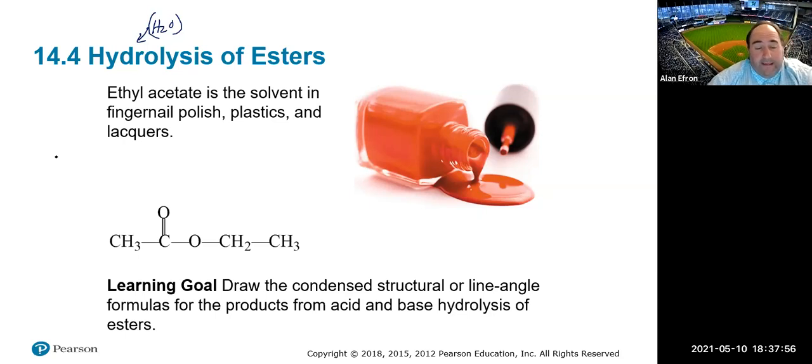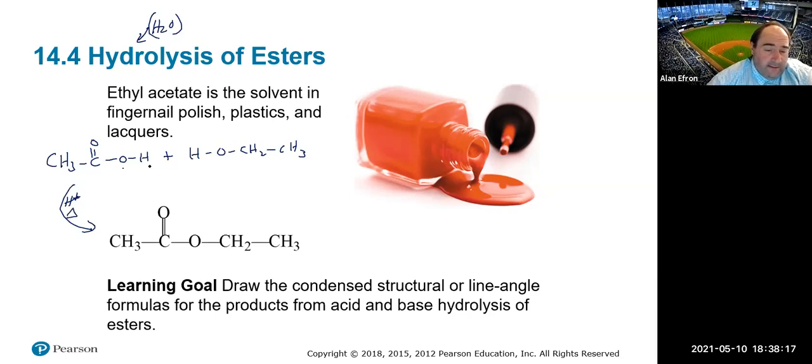So when we made an ester, for example, like this guy, with a little bit of acid as a catalyst and some heat, which is what the delta symbol means, we basically took the water out.